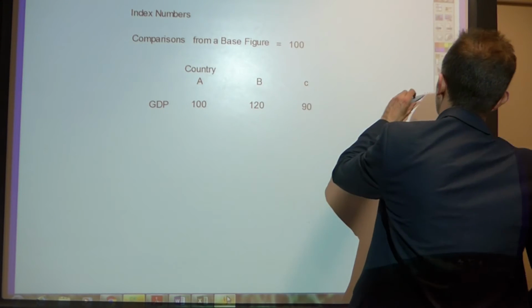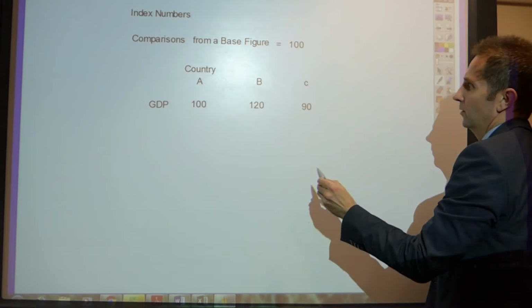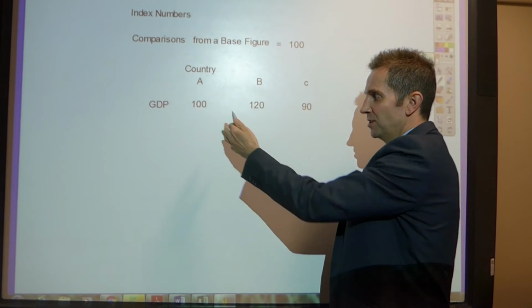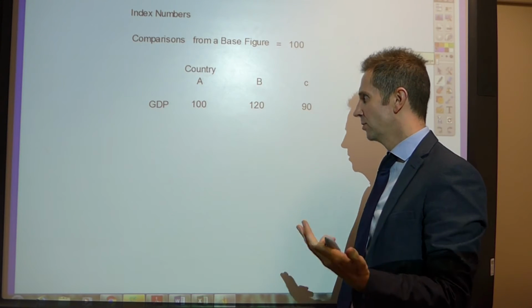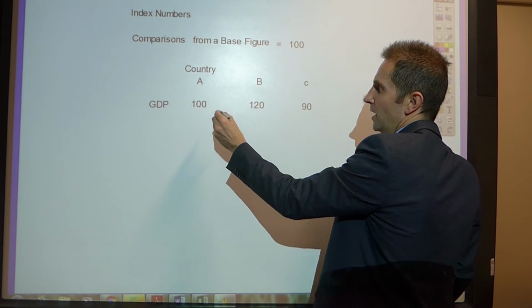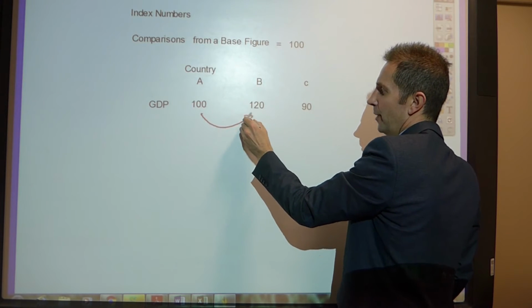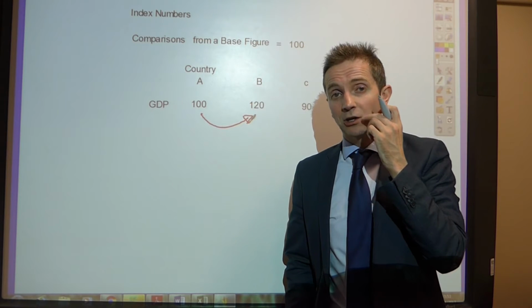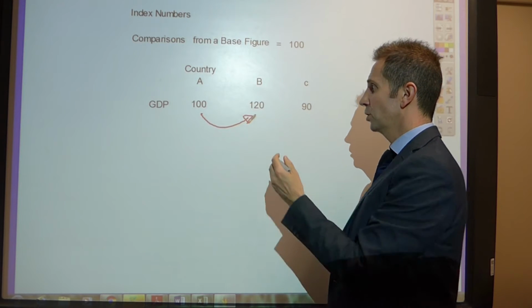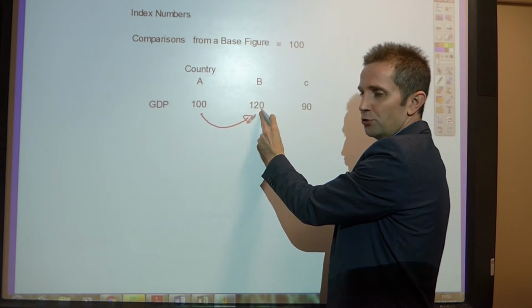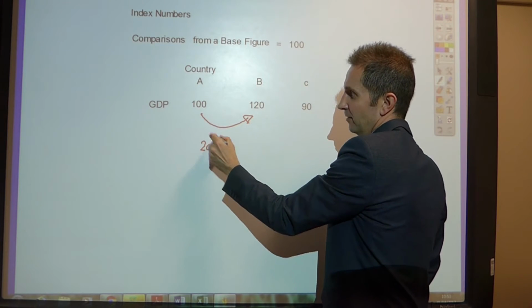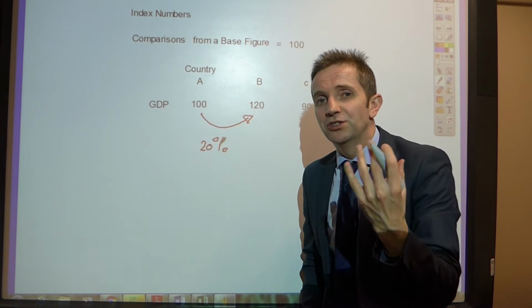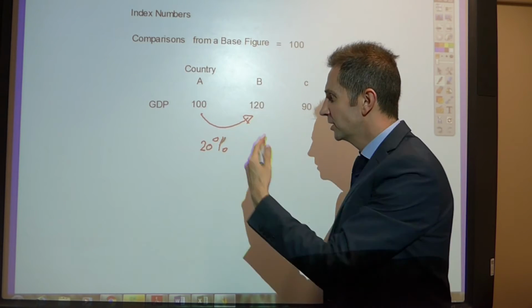So if we look at this particular example, where we might have, say, 3 countries, and we're making comparisons about their GDP or GDP growth or whatever it may be, we could say that country B's, given that it's 120, GDP is 20% higher than country A's.